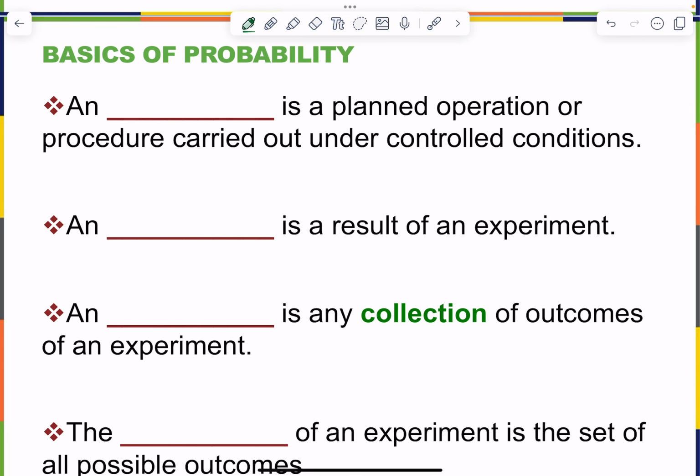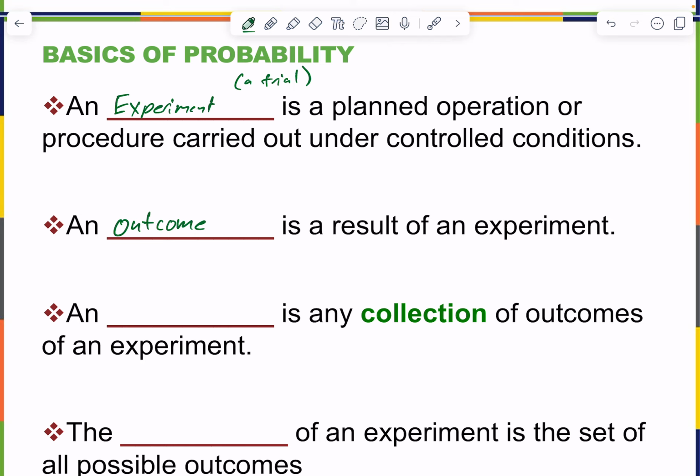In order to do that, first we're going to talk about what an experiment is. An experiment, or sometimes called a trial, is a planned operation or procedure carried out under controlled conditions. An outcome is a result of an experiment.